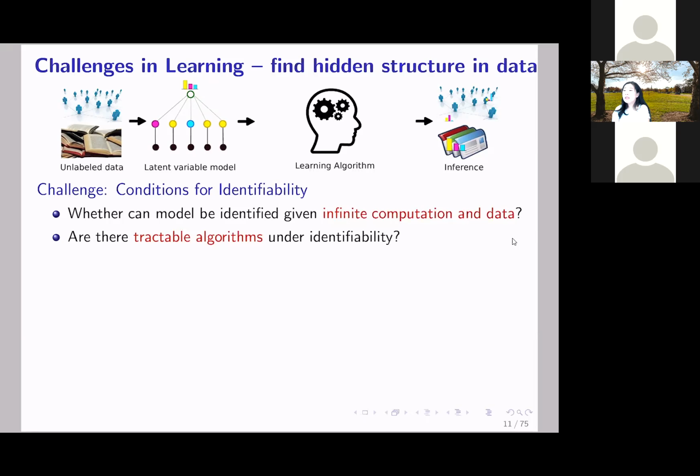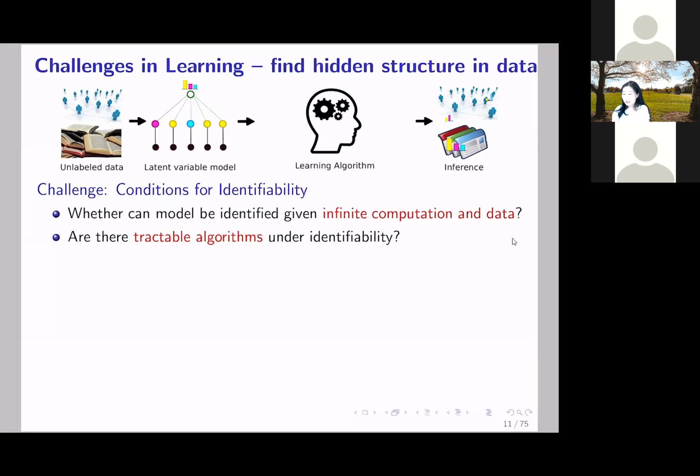Because you don't get to observe them, you cannot just enumerate all the observations. You have to learn something, and sometimes what you learn is just not identifiable. You cannot uniquely identify the model, even with an infinite amount of computation or infinite amount of data, right?